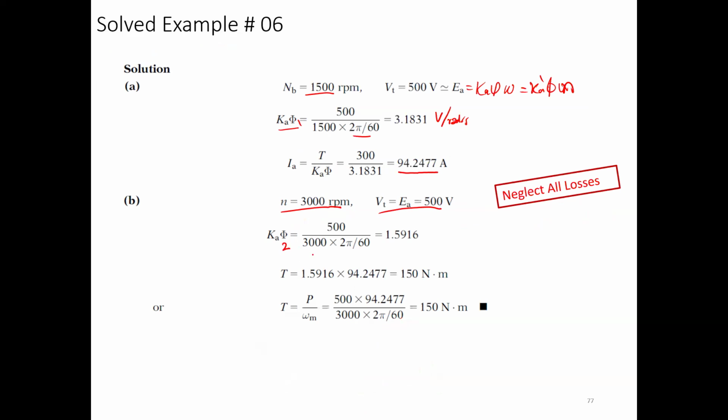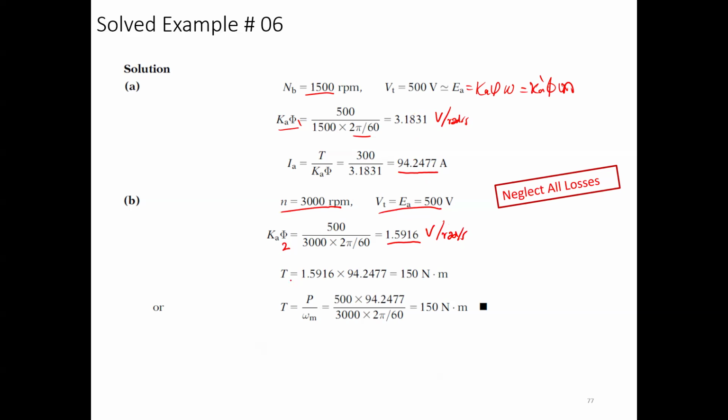So 500 divided by 3000 times 2 pi divided by 60. This is the amount of Ka phi in the second case, still in volt per rad per second. 1.59 compared to 1.8, so it's almost half, since the speed is twice at the same voltage magnitude.